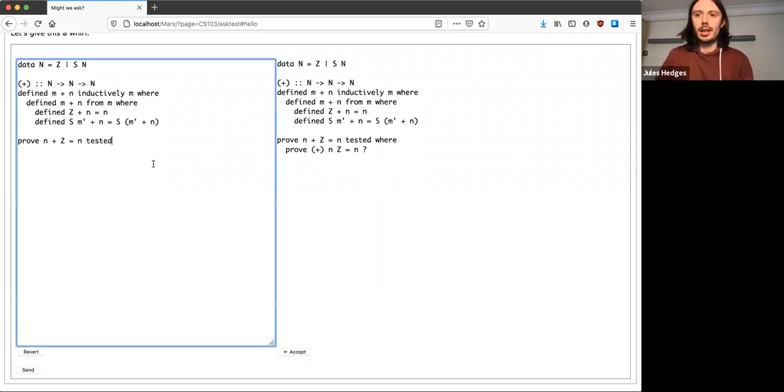Okay, let's do another example that's very similar. So here's the data type for lists.